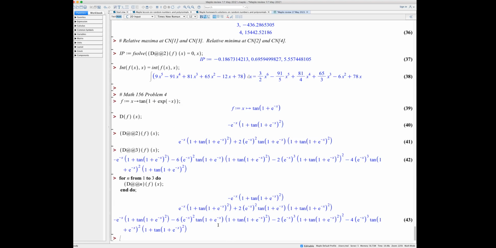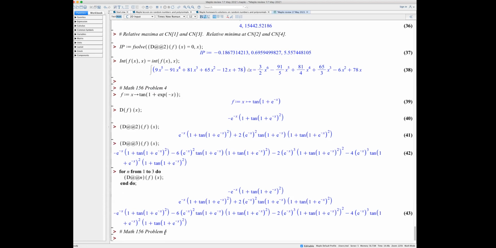Well, let's see what my computer does. So here, this is problem 5. So yeah, the function is different.